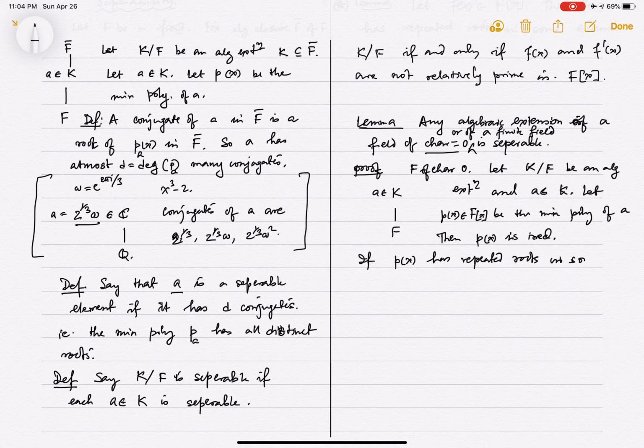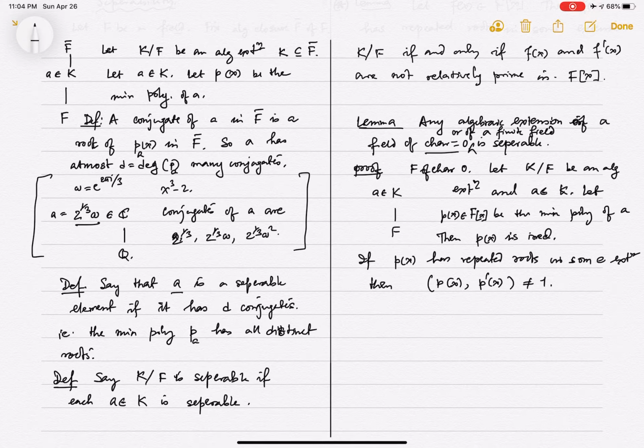Means what? It means they have a common factor other than 1. But the only factors of P(x), up to unit of course, are 1 and P(x), because P(x) is irreducible. So what does that mean? That means that this common factor has to be P(x). So P(x) divides P prime(x).